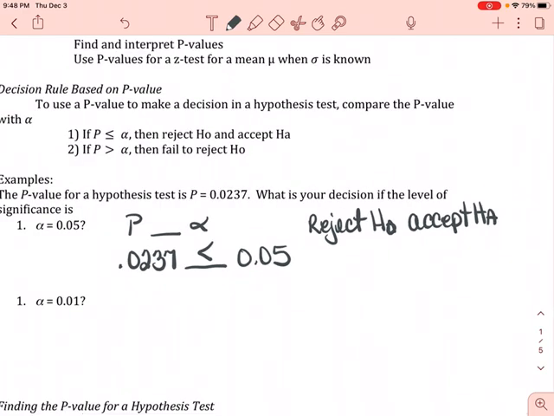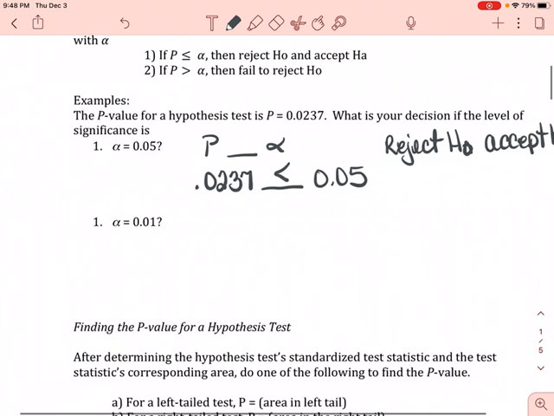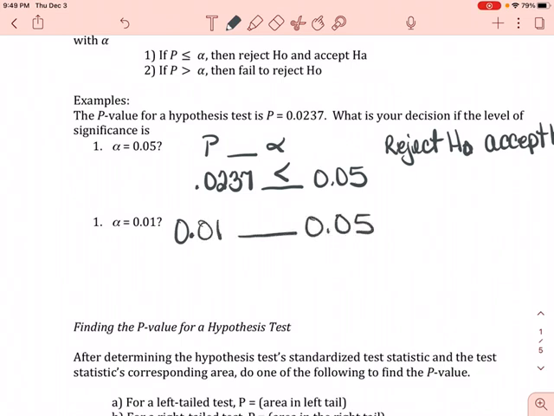Now our alpha is 0.01, so we're going to fill in this blank. 0.0237 compared to 0.01. Notice that 0.0237 is bigger now than 0.01.